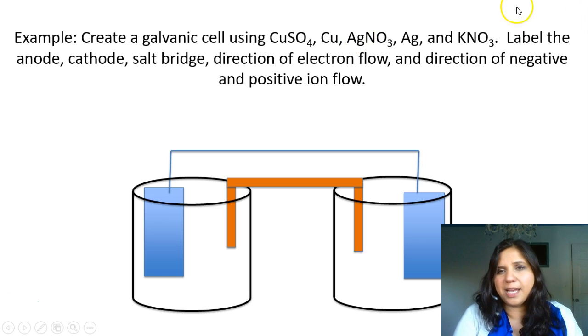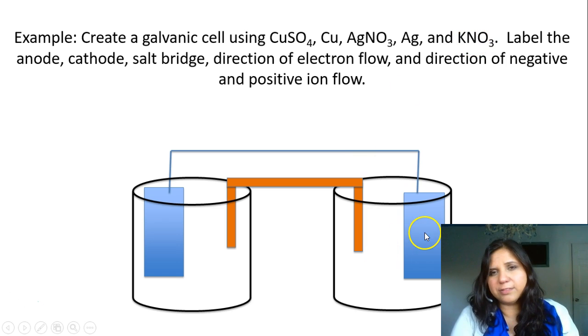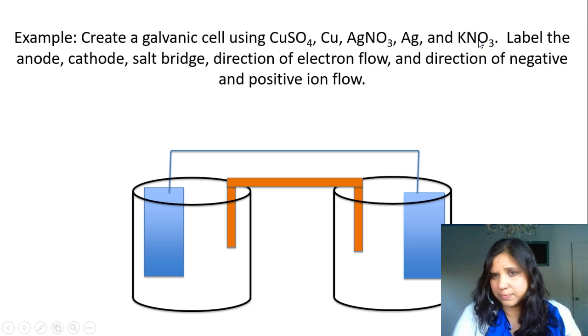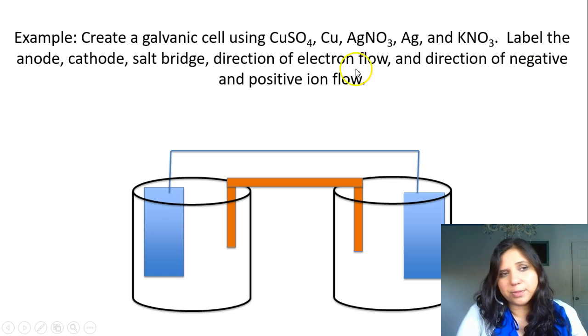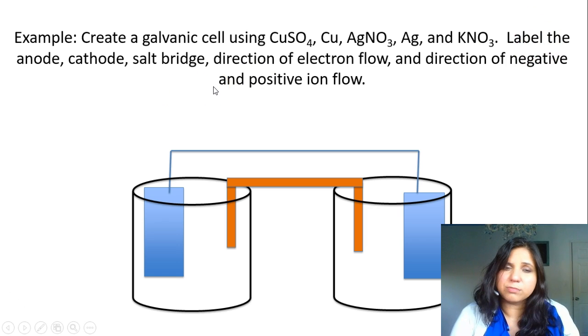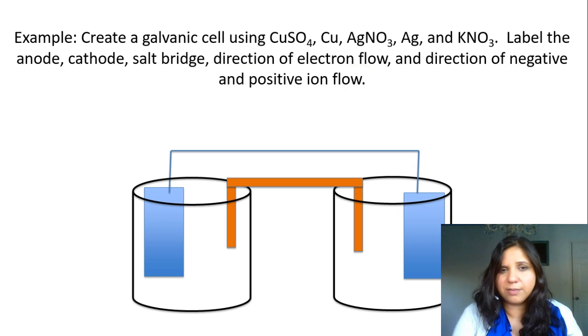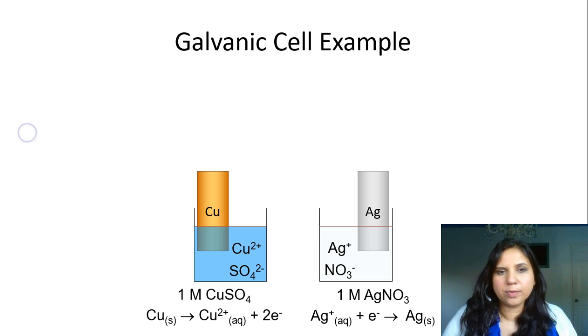Then you have potassium nitrate. You might think that that's the ion floating in solution, but we don't have the metal for that one, so that's probably going to be the salt bridge. We're going to label the anode, the cathode, the salt bridge, the direction the electrons are flowing, and the directions the positive and negative ions are flowing.